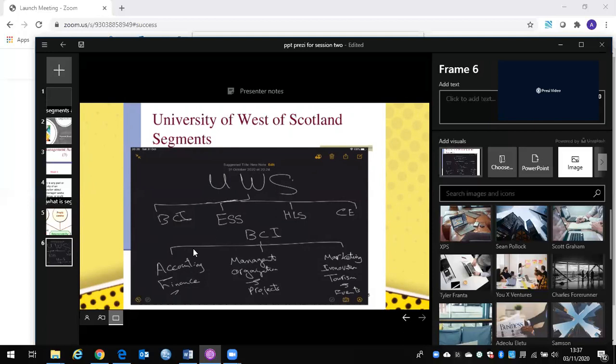Under Accounting, Finance and Law, we have Accounting and Finance, and we have Law. In the UWS strategy, there is the executive who put the strategy. For example, our aim is to provide excellent service for students. This is the aim that they put as a mission or vision for UWS, and they pass this vision to all the schools: BCI, ESS, Health, and Computing and Engineering.